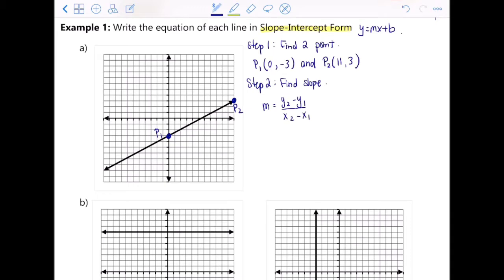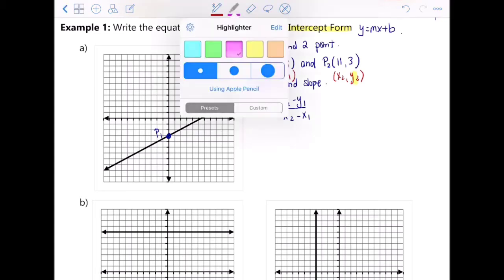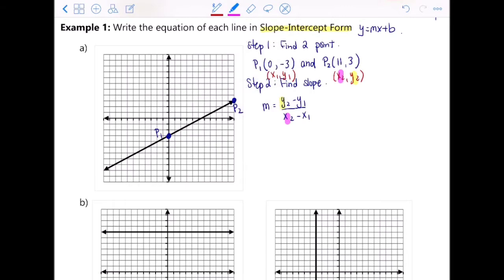For example, this is x2, y2, and x1, y1. Okay, so we're going to match it. So this goes here, this goes here, this goes here, and then lastly, this one right here.